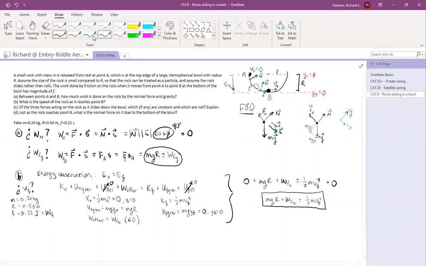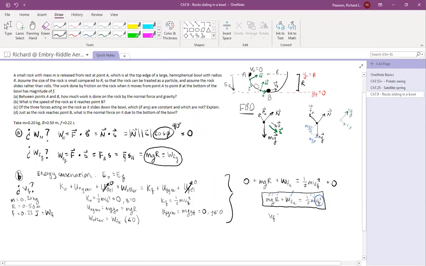So this is the amount of work that friction does on the rock as it moves down. So now, if we look at our equation for energy, we have m. We know what g is, that's our 9.8 meters per second squared. We have r. We have the work done by kinetic friction. We know what a half is. We know m. And so now the only thing we don't know is our final velocity. So now we can solve for that.